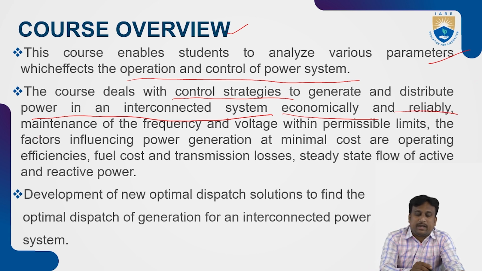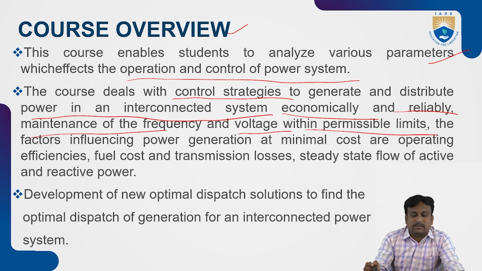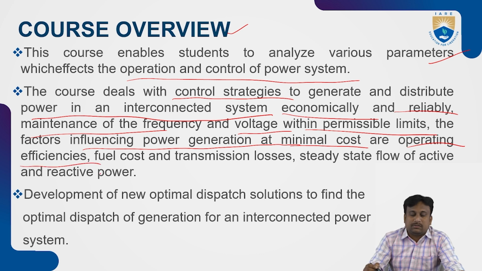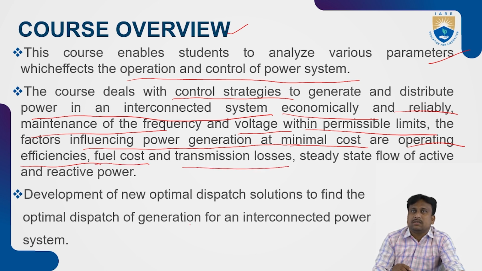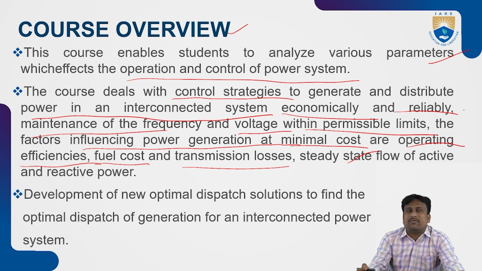By that, maintaining the frequency and voltage within suitable limits, the factors which influence power generation at a lower cost are supposed to operate with much efficiency. As a result, fuel cost, transmission losses, and steady state flow of the active and reactive power will be improved.